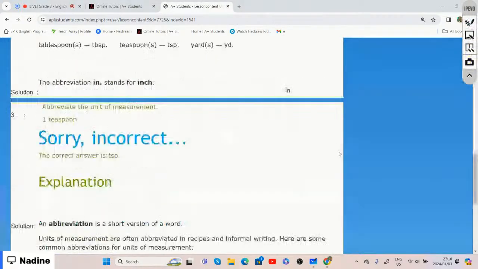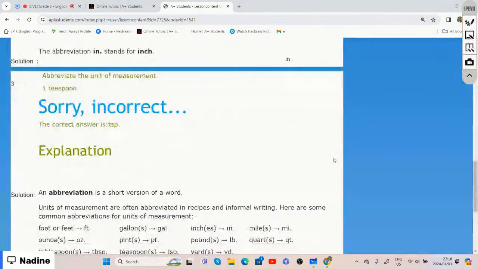All right. What is the abbreviation of teaspoon? Yes, so well done. In period. Right, that is correct. What is the abbreviation for teaspoon? If we say you need to throw in 1 teaspoon of sugar, what is the abbreviation for teaspoon?